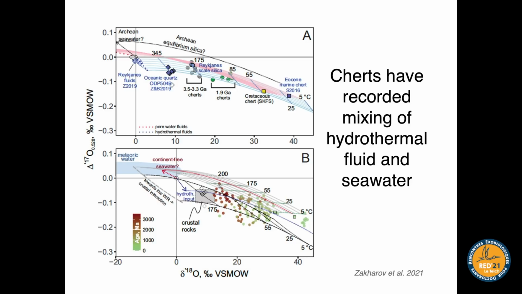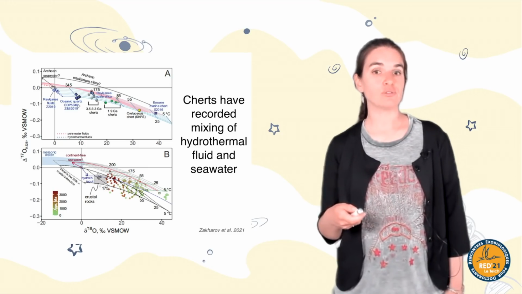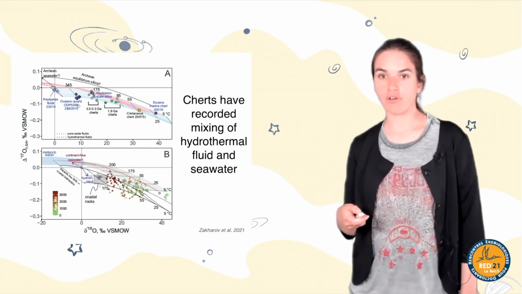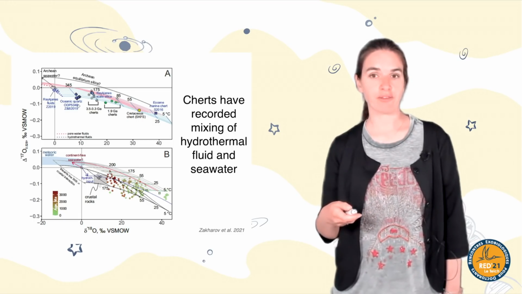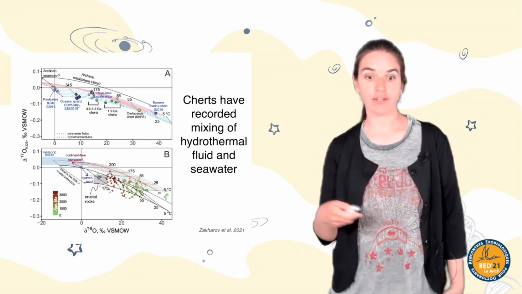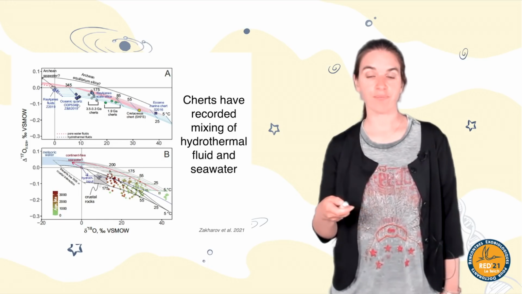You can see that most of the Archean cherts have been produced during a mixing of hydrothermal fluid and seawater. So basically, one of the sad conclusions of this story is that we cannot use cherts for reconstructing seawater temperature, because they most likely formed during this mixing of hydrothermal and seawater fluid, and so they can record higher temperatures than any kind of surface oceanic temperature.